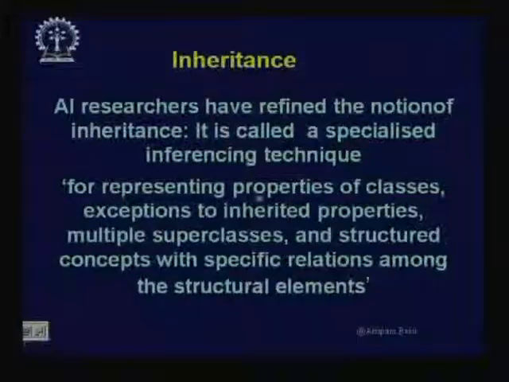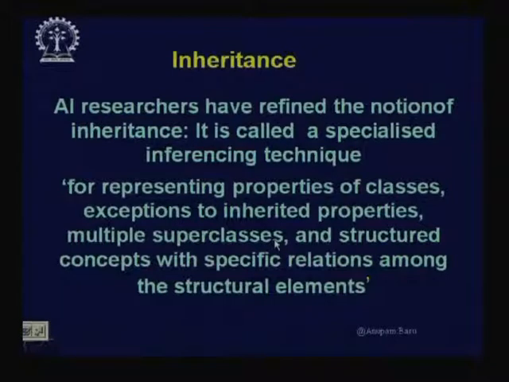We want to represent properties of classes and exceptions to inherited properties. Sometimes the mechanism of inheritance will also allow us to make exceptions to the properties inherited, because all the properties that are there in the class may not be there in the subclass. It is also possible that one particular class will have multiple parents.